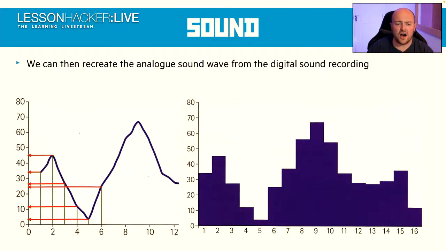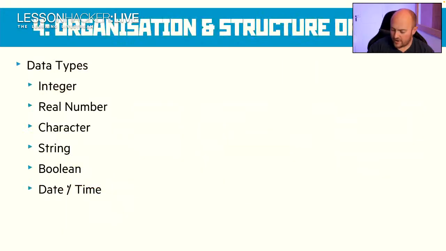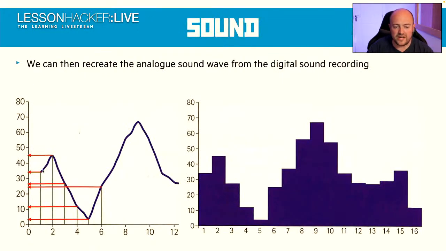Sounds, of course, are waves in the real world. So what we need to do is represent that wave. We take samples of it, or recordings of the amplitude, that's just the volume, many times per second. The more times we take it, the higher the sample rate, the better we can represent that. Here's an example of a wave on the left and the recreation on the right. Now, clearly, that's going to sound terrible.